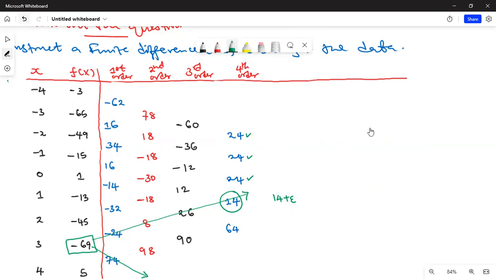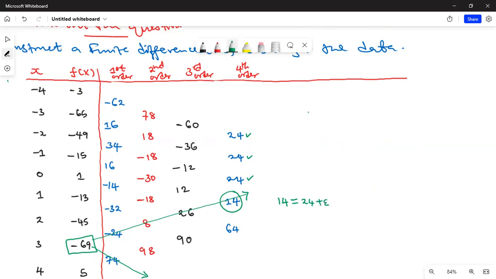So what is the error? Or simply this is what you do. This is what we do. 14, the value that is recorded here, the wrong value should be equal to the correct value, which is 24, plus the error.